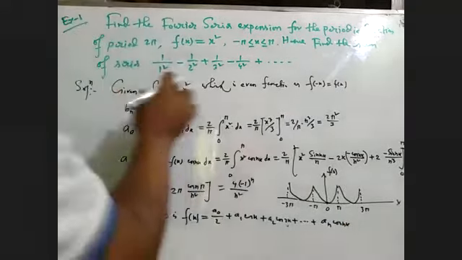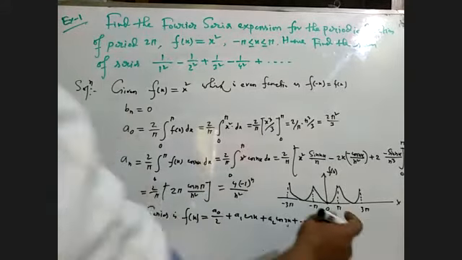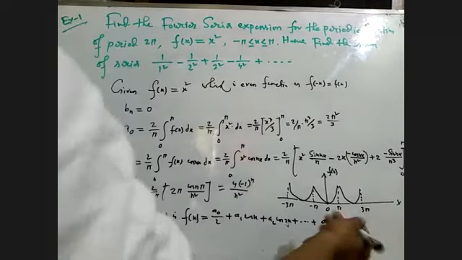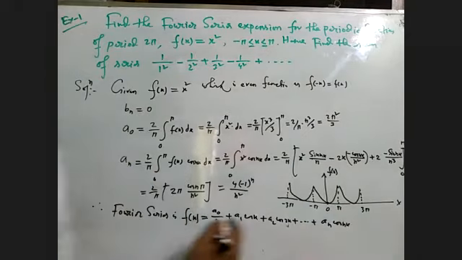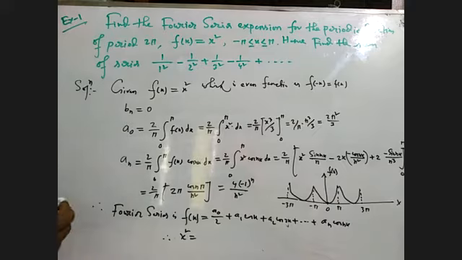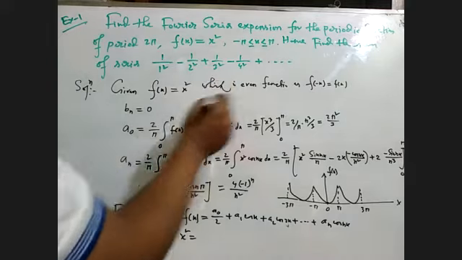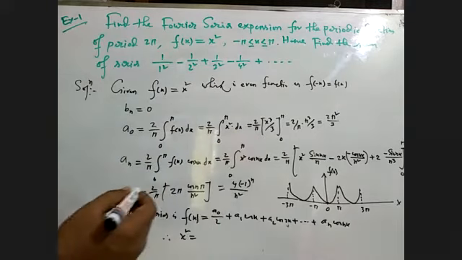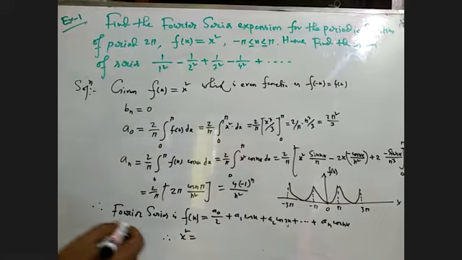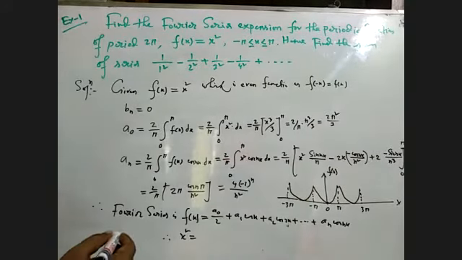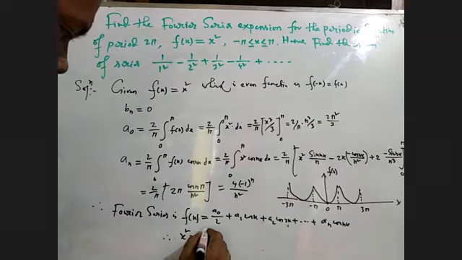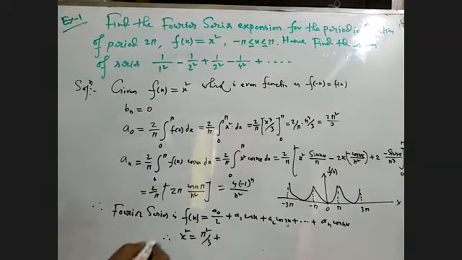Actually, I am not writing the b terms, that means b1 sin x, b2 sin 2x, all are 0. This is why I am not writing them. Therefore f of x equals x square, this is the given function, and this is an even function. a naught is twice pi square by 3, so divided by 2, the 2 will be cancelled, only pi square by 3 plus.